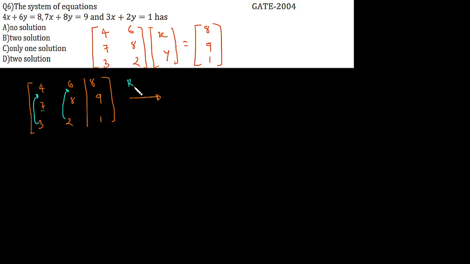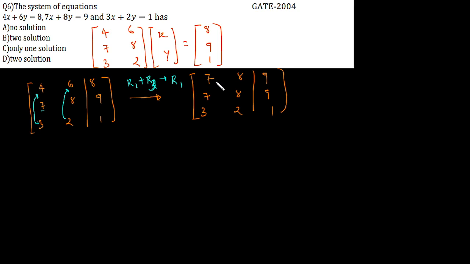So let's add R3 to R1, and it gives the new R1. After that we get 7, 8, and then 8 plus 1 is 9. Now 7, 8, 9 as it is. The last row also remains as it is.